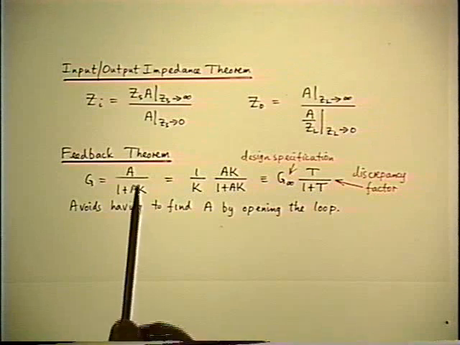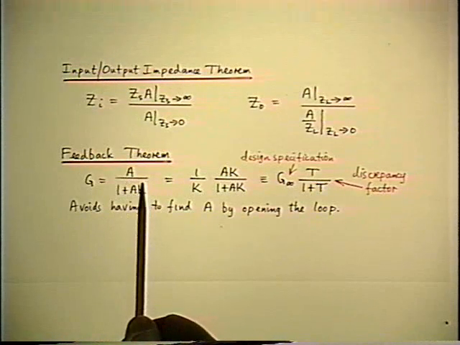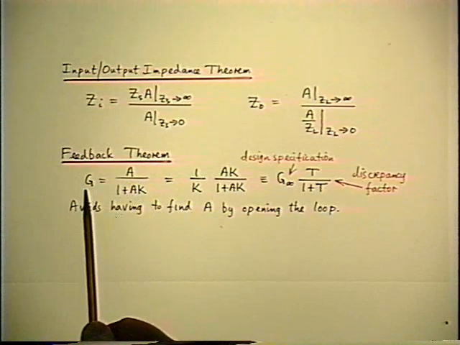So what I'm going to propose when we get to that point in the detailed solution is let's avoid breaking the loop anyway. We don't need to know what A and K are separately. Because when you look at this expression, what is the quantity that ultimately we care about? It's the G, the closed loop quantity.